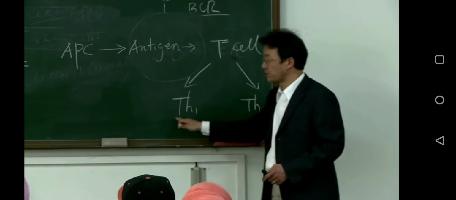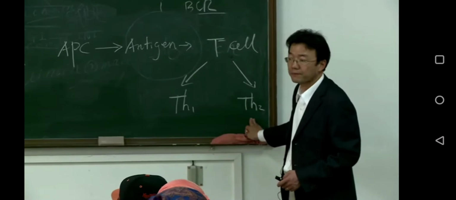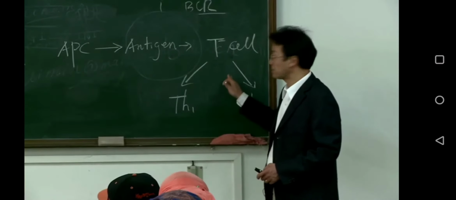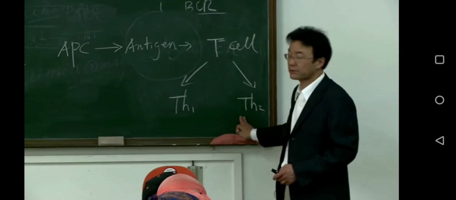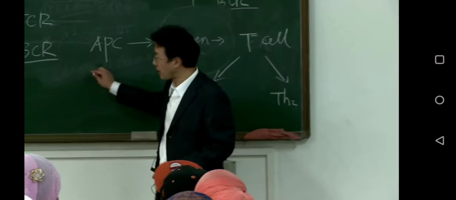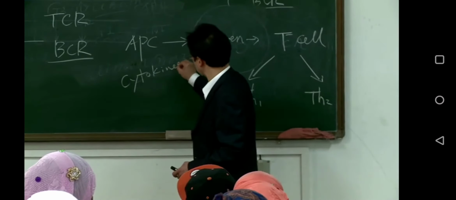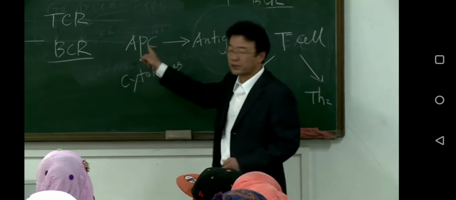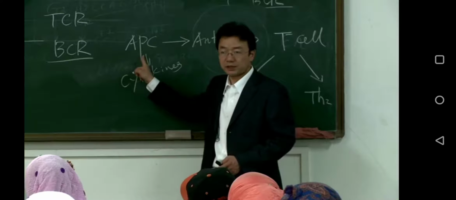T lymphocyte differentiates to Th1 or Th2. How could T cell be differentiated to Th1 or Th2? It just depends on the cytokine produced by antigen presenting cell.